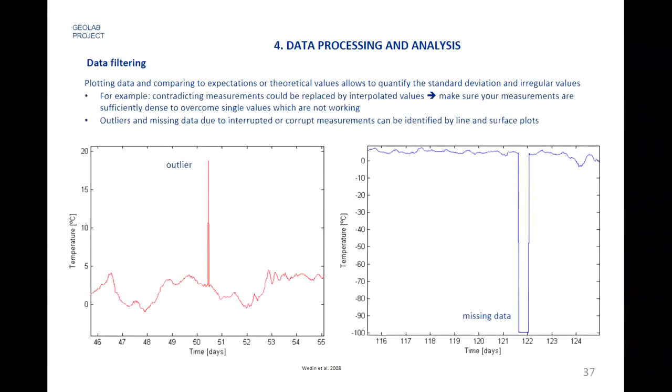Okay, I move on. Another problem that we can face is the case where we have strange measurements. For instance, we measure a temperature of about 3, 4, 5 degrees, and then we have about 20 degrees. We don't know why, maybe it's an electrical problem.